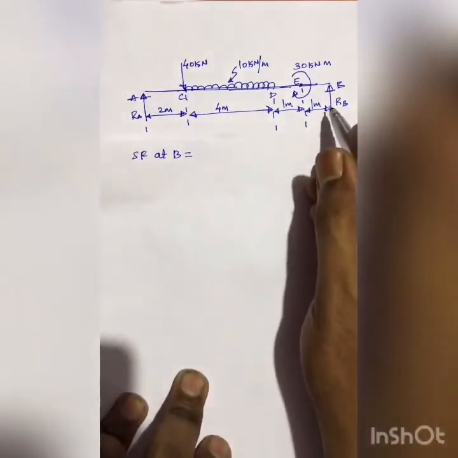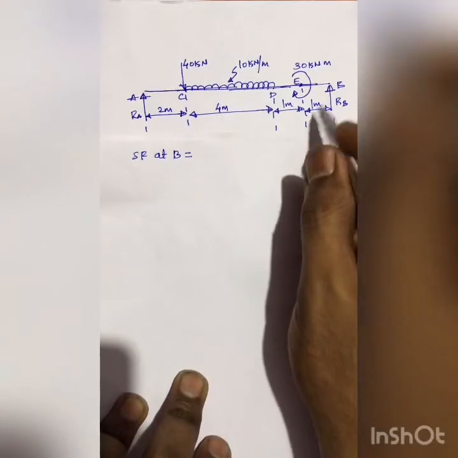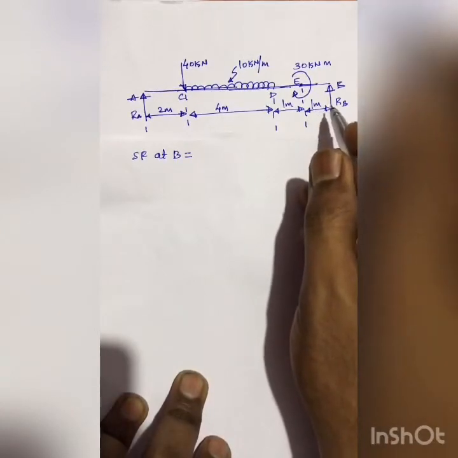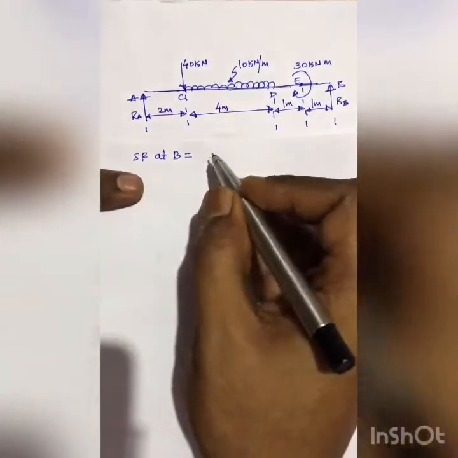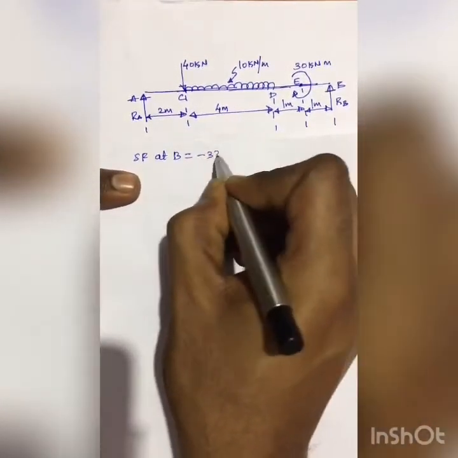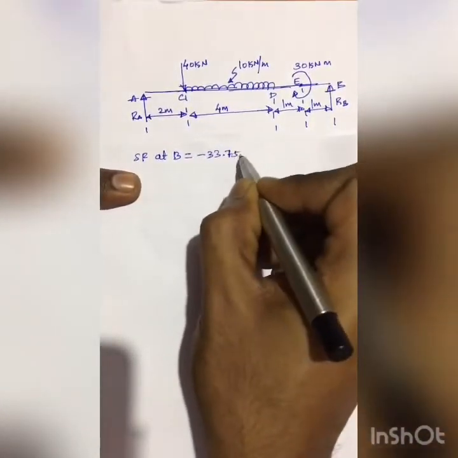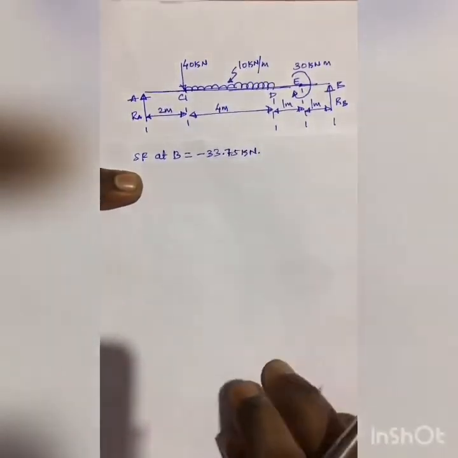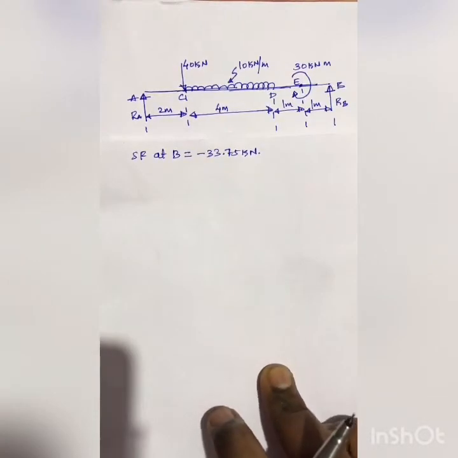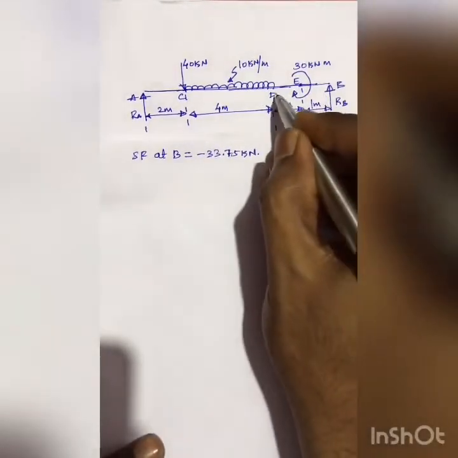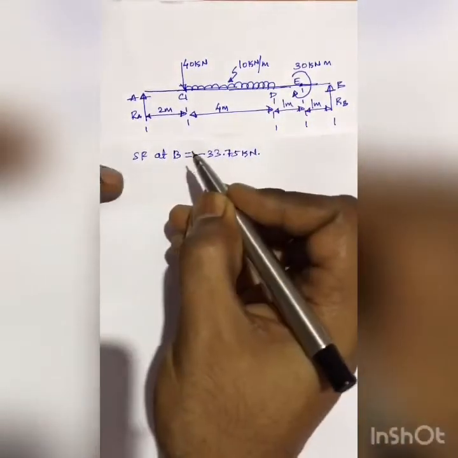Since it's at the right side and it is acting upwards, that shear force is negative, and hence I'll take this as minus 33.75 kilonewton. SF at B is minus 33.75 kilonewton, and this remains same till point D.